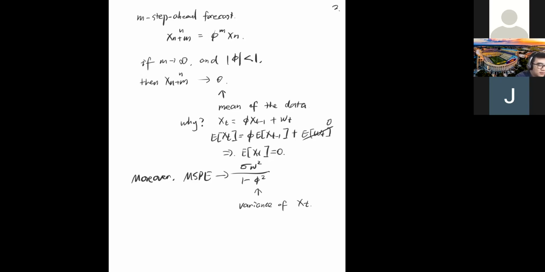If you check the autocovariance function of x_t, you can show that this is exactly what it is. This is important. So if you use this AR(1) model to do an infinite step ahead forecast, then your forecast goes to the mean of your data.